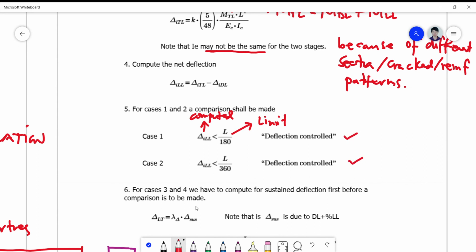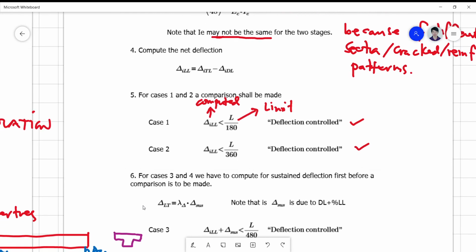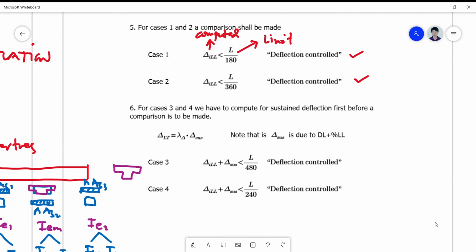So for case 3 and 4, what will be different is we have to add delta LT with delta ILL. Okay, so delta long term must be added to your delta ILL and compared with this one here.